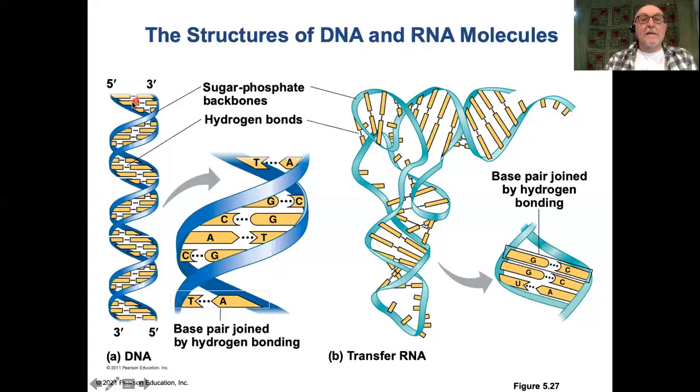The bases across the center must match A to T, C to G, G to C, T to A, but the bases can be in any order. Again, it's not that they just go in randomly. It's just to make the point. Any sequence of bases is possible.